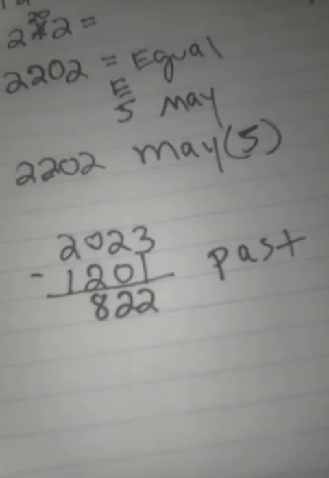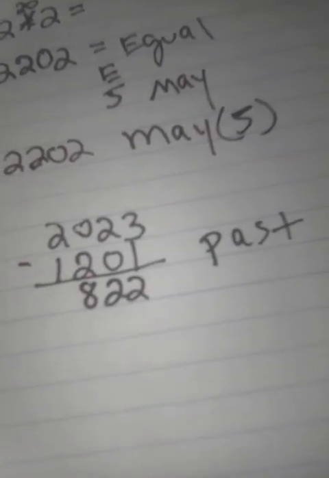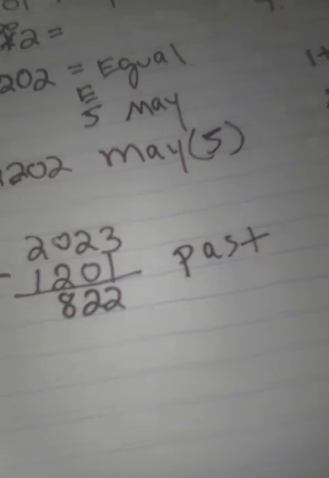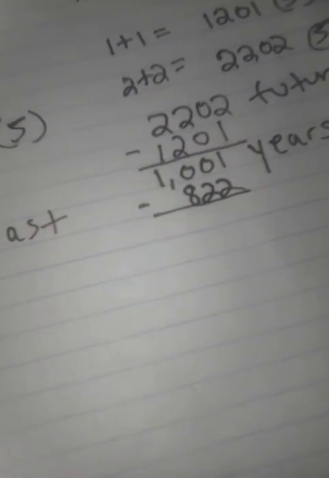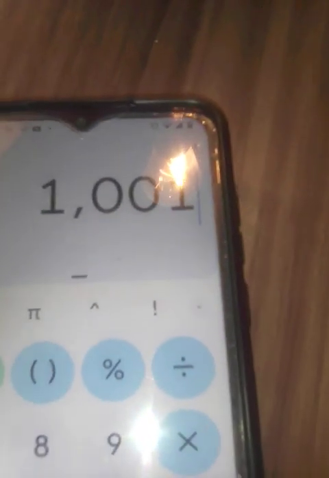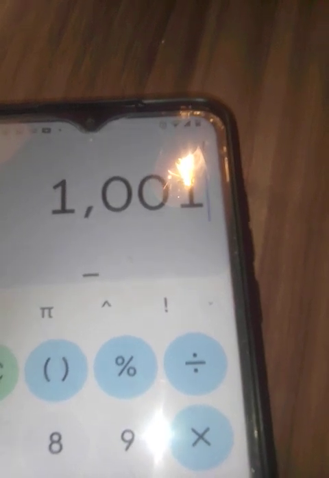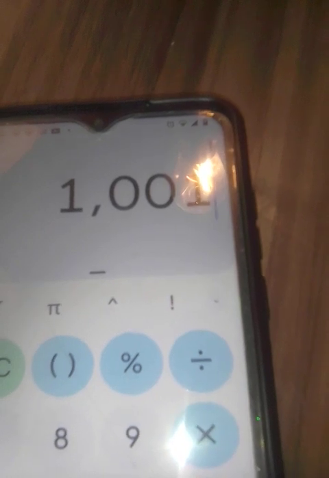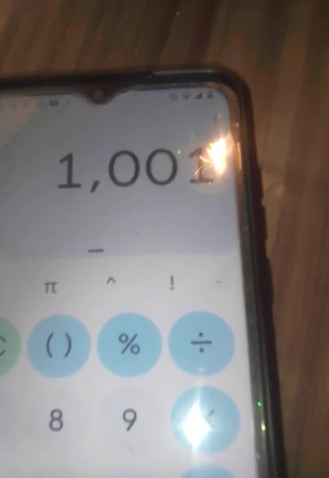Since we're in the year 2023, we only reached the 822 years. So we're not at 1,000 years yet. That's 1,001 years, from the equation 2 plus 2 turned into the year 2202, and the equation 1 plus 1 turned into the year 1201. We haven't reached 1,001 years.